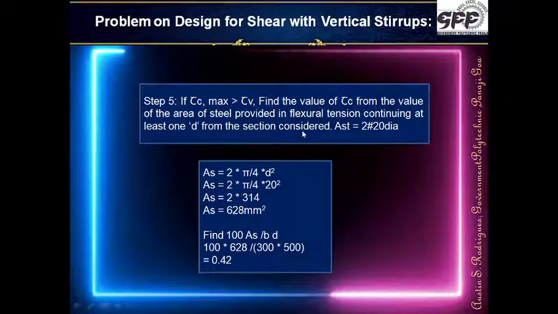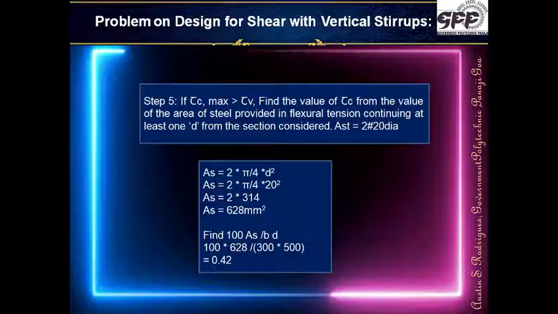Now when we refer to the code, table number 19 on page number 73, below the footnote it has been given that we have to consider only that steel which is continuing 1d, 1 effective depth further than the section considered. Here 3 bars are there at the midspan, that is 2 bars of 20 and 1 bar of 16, but 1 bar of 16 gets cut off 1 meter away from the support.